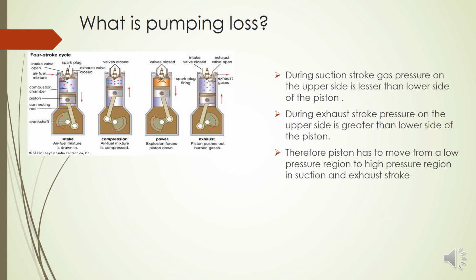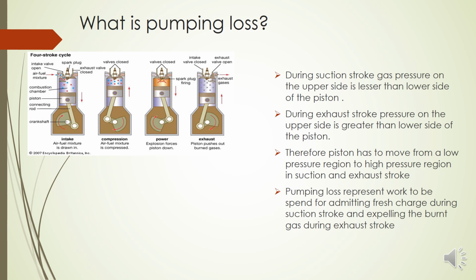So for that, we have to give some work to the piston. For moving any object from a low pressure region to a high pressure region, we have to give some work, because naturally objects move from a high pressure region to a low pressure region only.